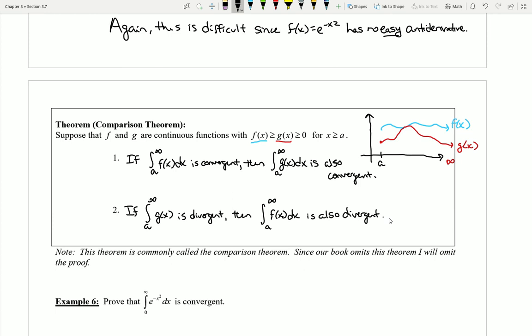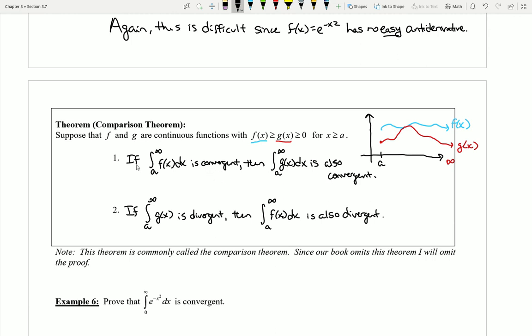Now, it's super important that you spend your time trying to think about this scenario. A lot of times people will make very poor assumptions when they come back and review this theorem. And you can double check yourself right now. This theorem does not say that whatever one thing does, the other thing does. That's not what it says. It doesn't say if you get convergent, you automatically get convergent.